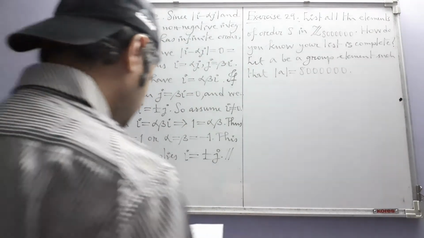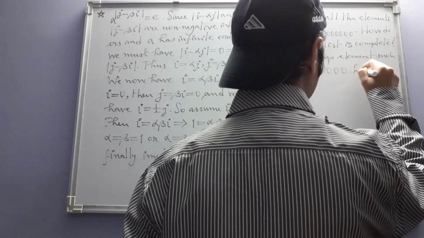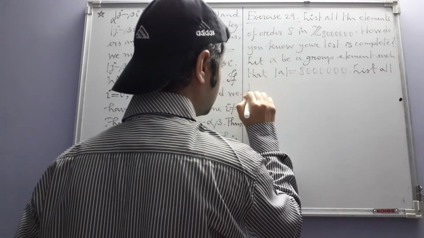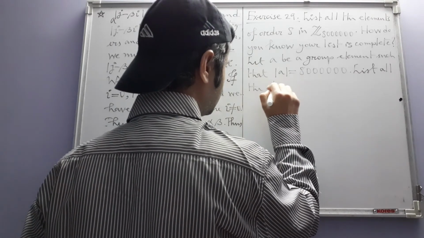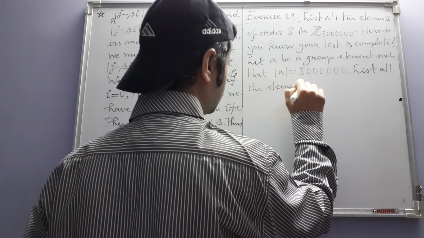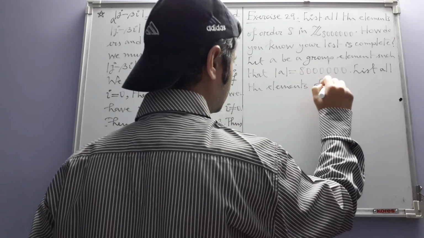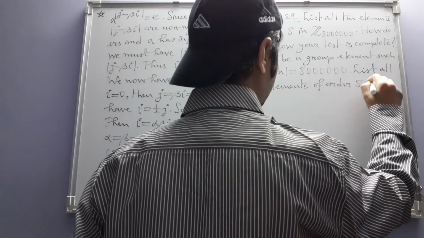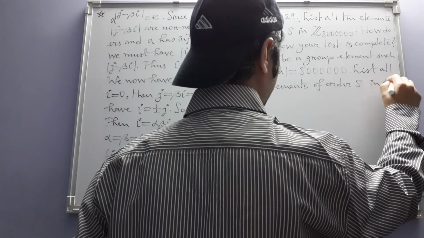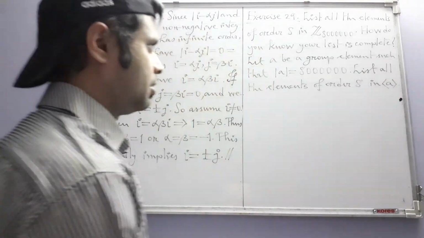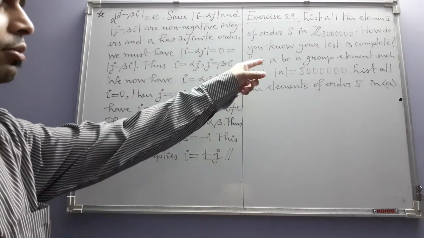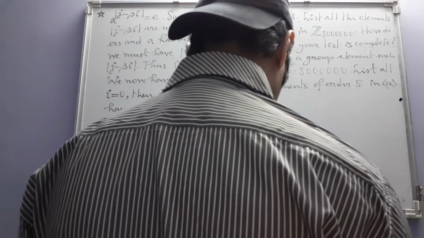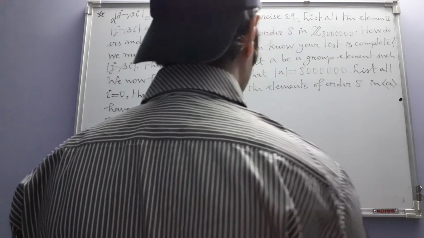List all the elements of order 8 in the cyclic subgroup generated by a, a subgroup in the original group from where a is coming. And in this case also, how do you know your list is complete?